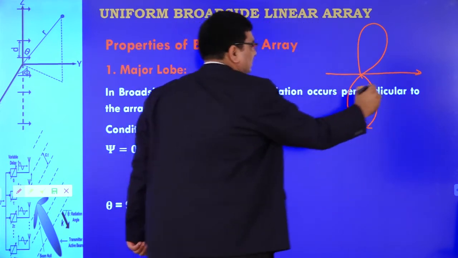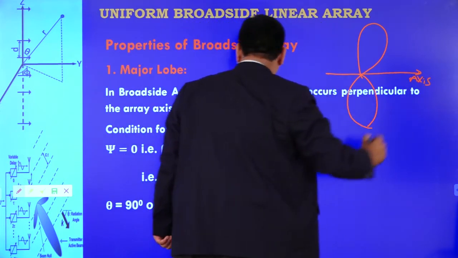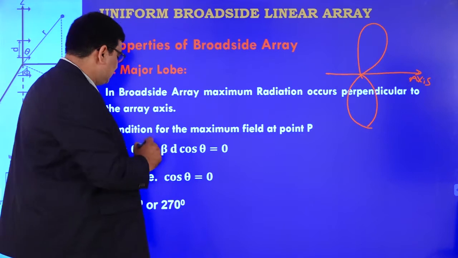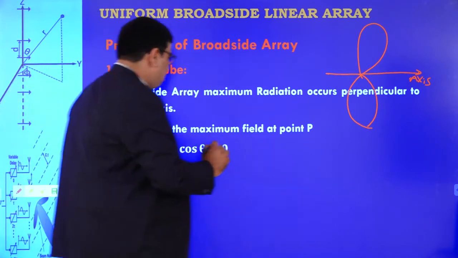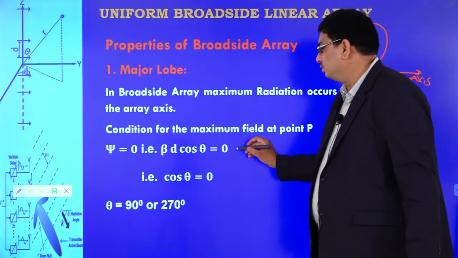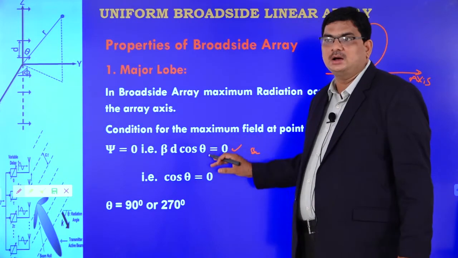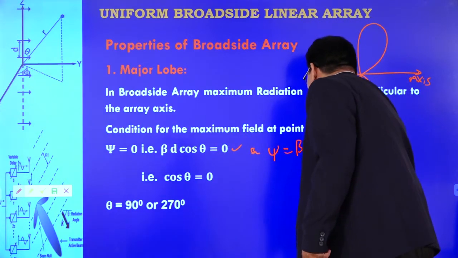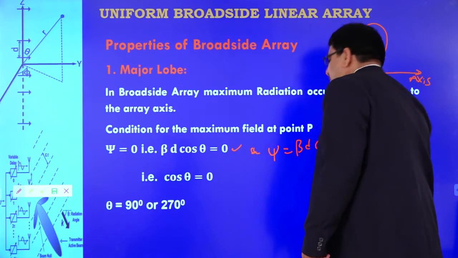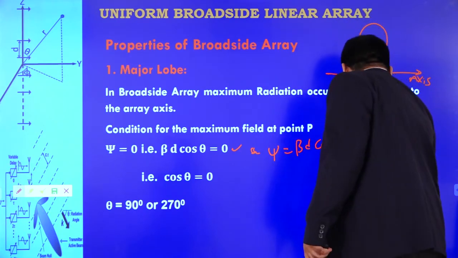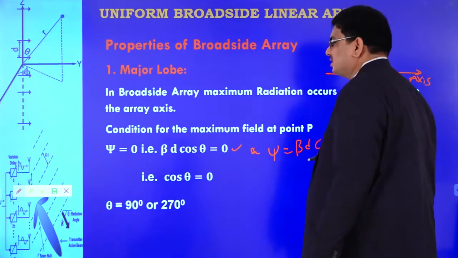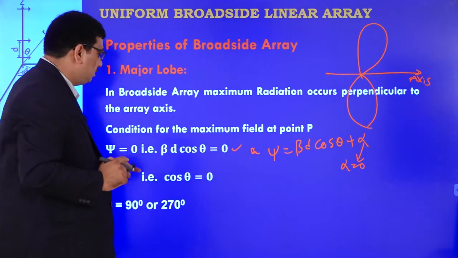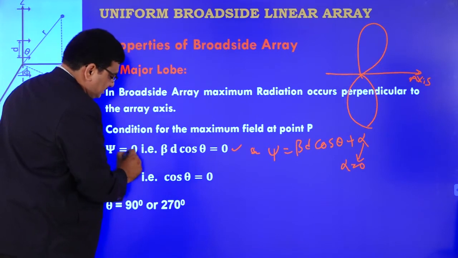So the condition for maximum field at point P is psi equal to 0, that is beta d cos theta. Why beta d cos theta? Actually our psi expression is beta d cos theta plus alpha, and alpha is equal to 0 for a broadside array. So if you substitute alpha equal to 0, your psi is equal to 0.